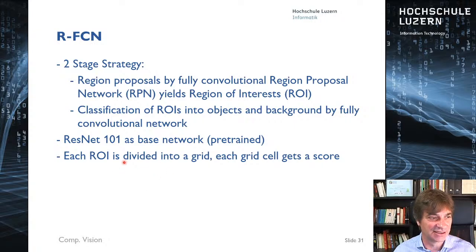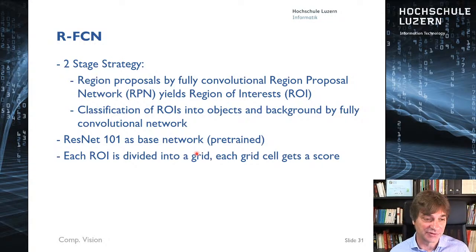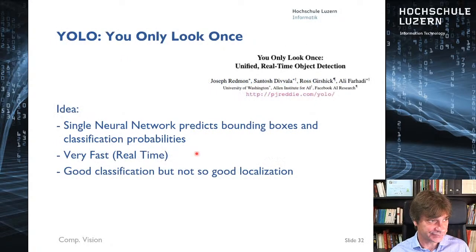In detail, it's a bit more complicated. They divide your region of interest in some grid, and then every grid cell gets a score, and you combine all the scores to get the proposal for the region. Why? Because it's fully convolutional, so you have a probability for every point in the image, and you need some way to accumulate that.